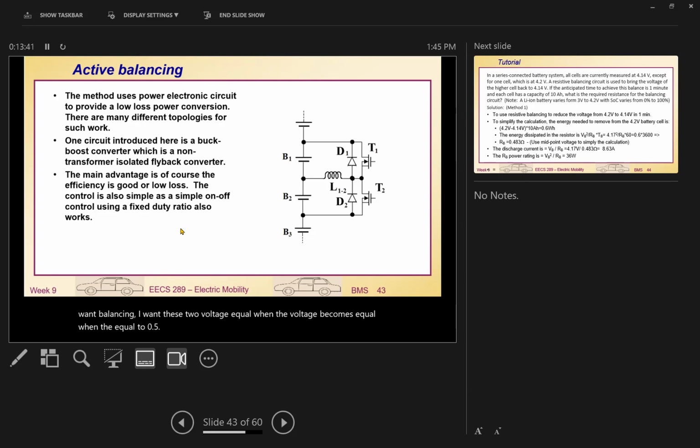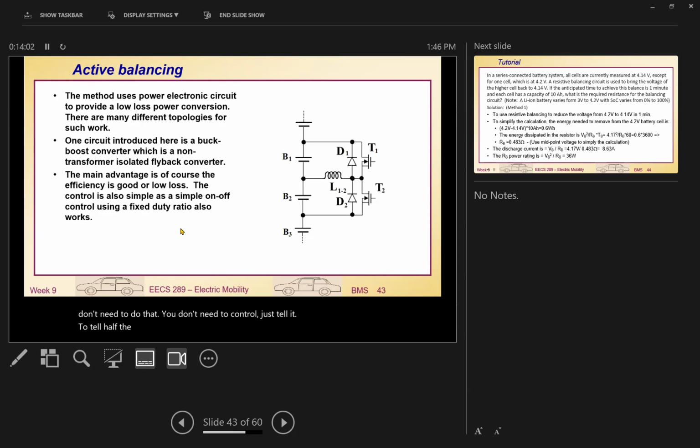So if I make these two transistors run at 0.5 duty ratio, 50% on, 50% off, and vice versa, automatically these two batteries will have equal voltage all the time. You don't need to control it, just tell it to turn on half the time.